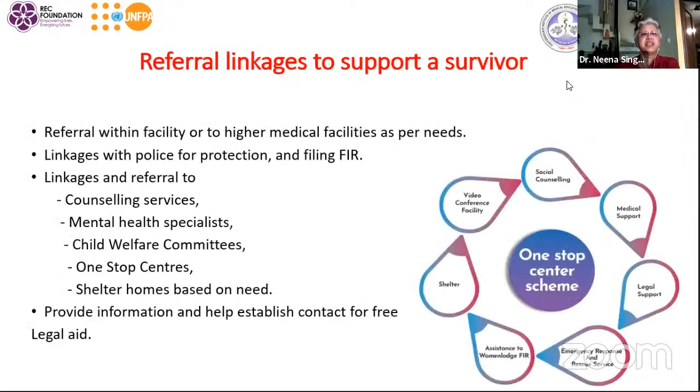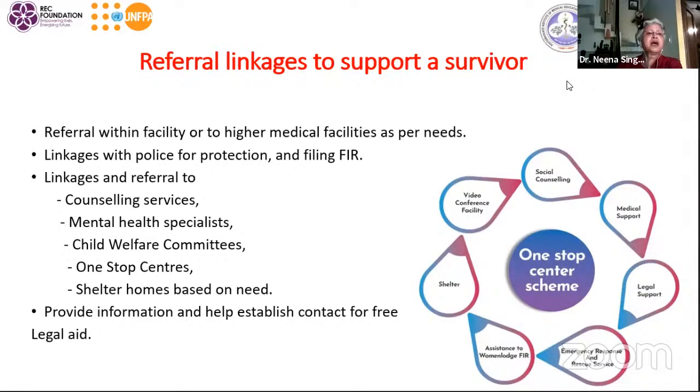So referral linkages to support a survivor are many. Referral within the facility or to a higher medical facility as per needs, linkages with police for protection. You can facilitate them from the hospital itself. The police might come with the patient or you can call the police, and then you can help in filing the FIR.